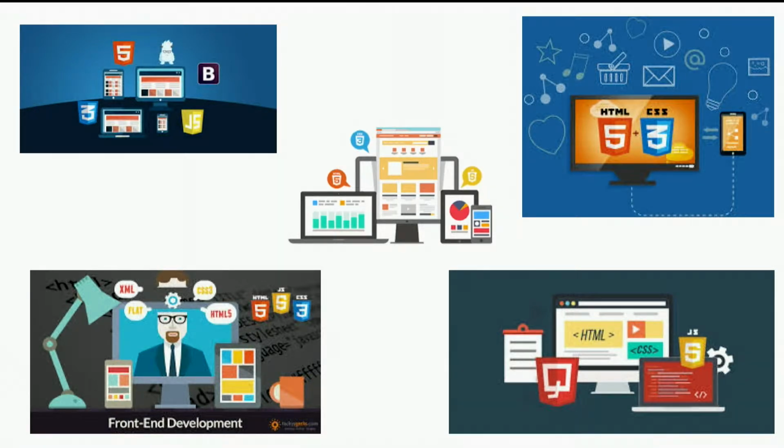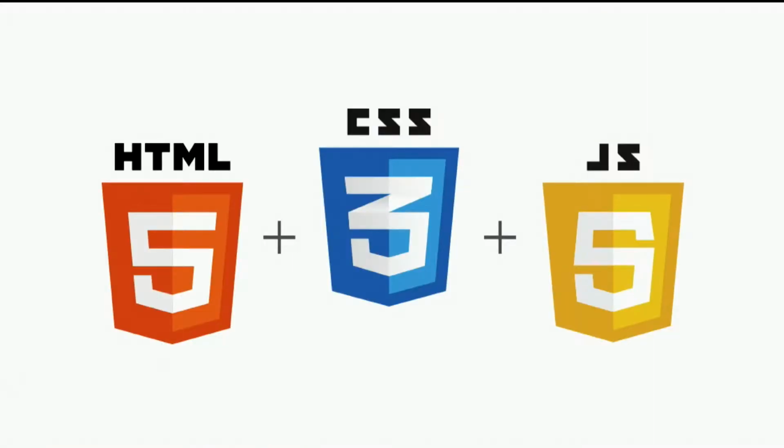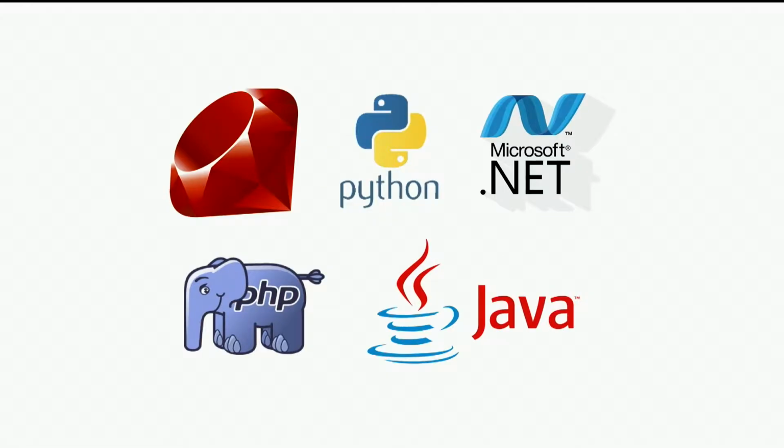Let's take a closer look at some of those logos. HTML, CSS, and JavaScript. What do these three things have in common? To be more specific, what do they have in common with each other that they don't have in common with these?